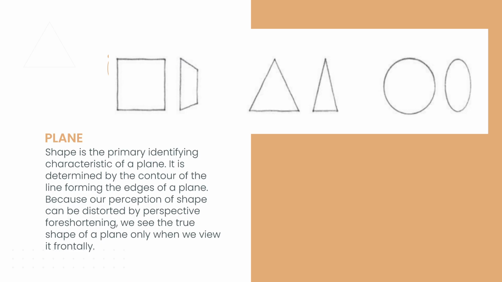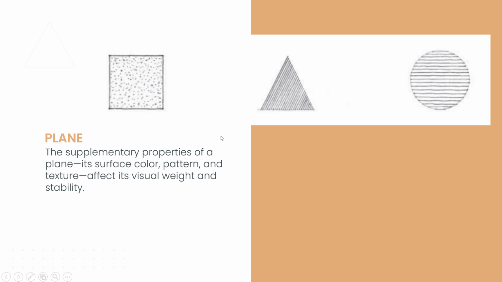It is determined by the contour of the lines forming the edges of a plane, like this one, a rectangle, a square, triangle, or circle. So if it has a shape, it also has a plane. A plane doesn't have to be closed like this one.